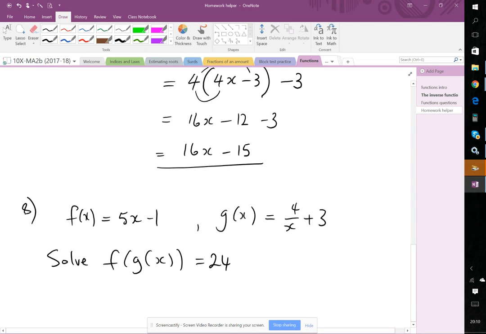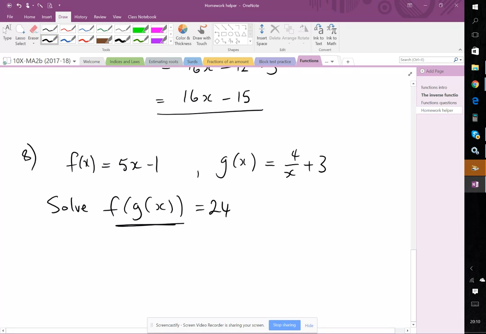So the first thing that we need to do, of course, is to find this thing as f of g of x. So leave the outside alone, that's our f, and replace the inside, the g of x, with this, which is 4 over x plus 3. Now this one's slightly more difficult if you think about what g does. What does the function g do?